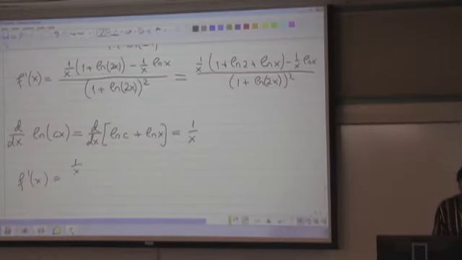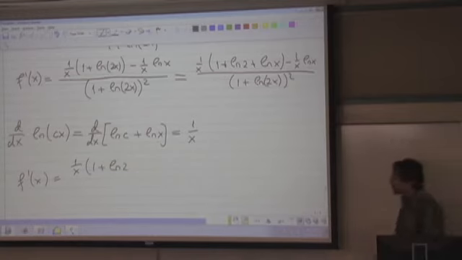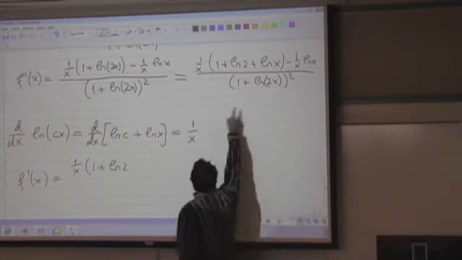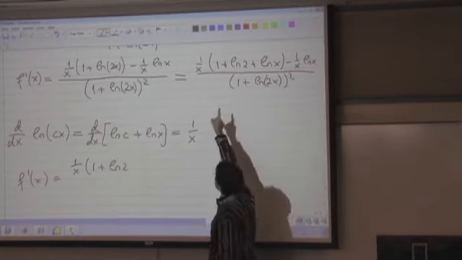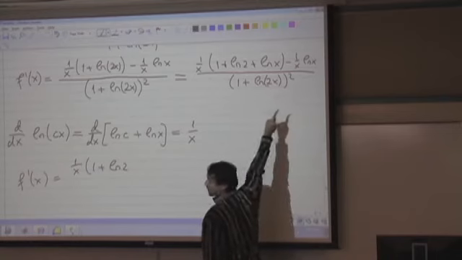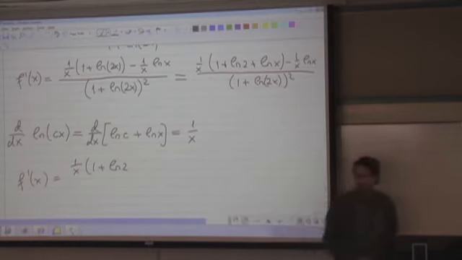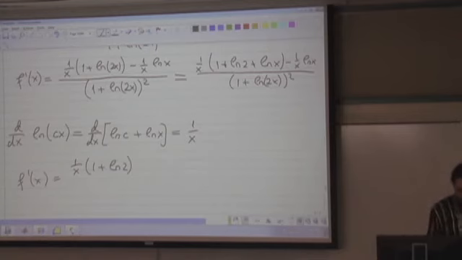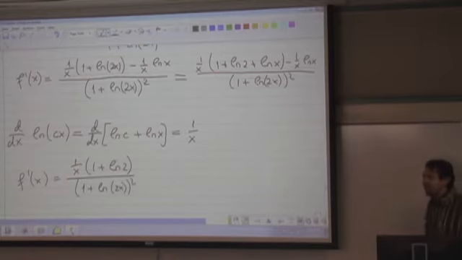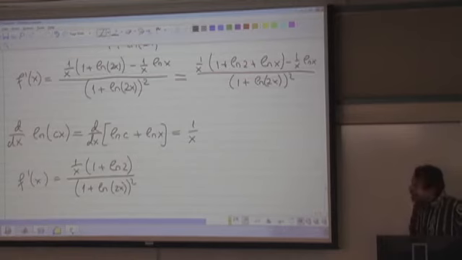And notice that I'll have 1 over x times 1 plus 1 over x times ln of 2 plus 1 over x times ln of x minus 1 over x times ln of x. So those two actually cancel out. So we're just left with that. Right?